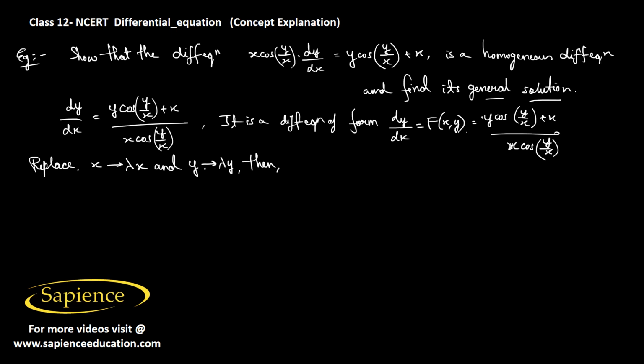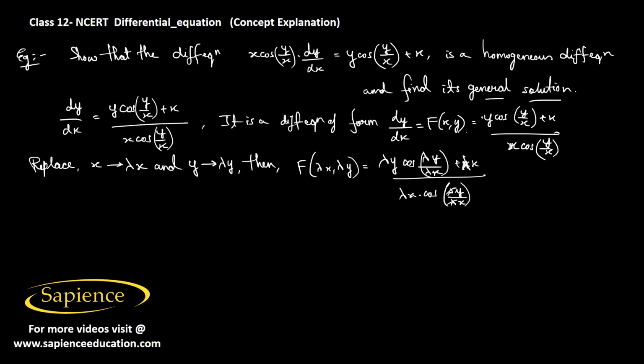If we replace x with lambda x and y with lambda y, then f of lambda x comma lambda y will be equal to lambda y into cos lambda y by lambda x plus lambda x, divided by lambda x into cos lambda y by lambda x.